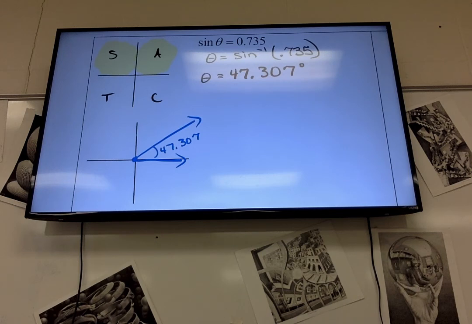So it's going to have a reference angle that is 47.307. So it's got to have that same reference angle, but I need to know what the pink angle is.